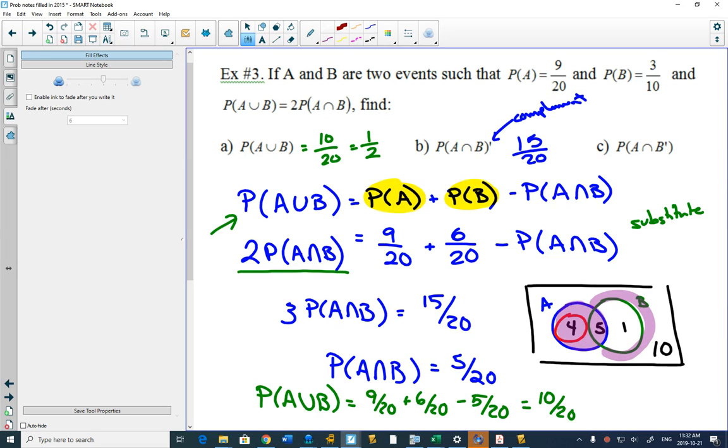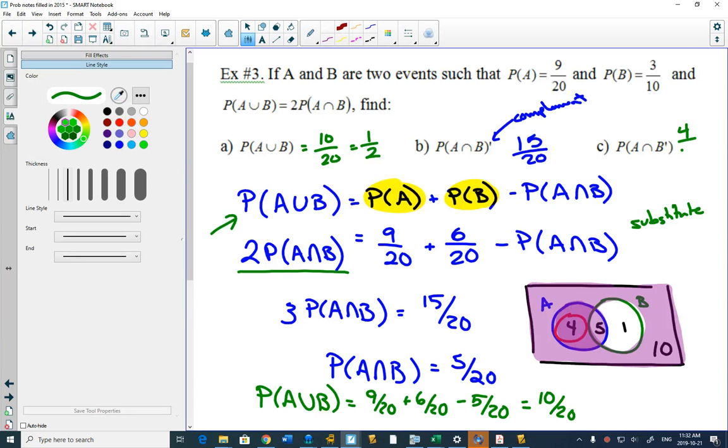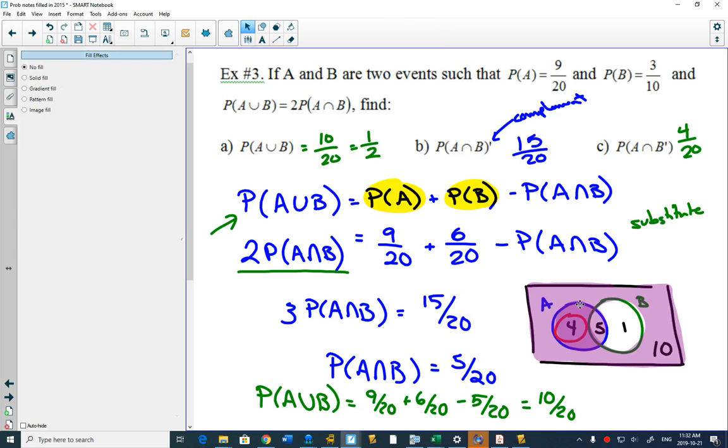Anything outside of B. So if I'm looking for A and not B, it would have to be in both of those. Can you see what got shaded double? You guys all have to go out and buy a stump so you can do these questions. It's the 4. So part C, from our Venn diagram, it's easy to see that it's going to be 4 out of 20.